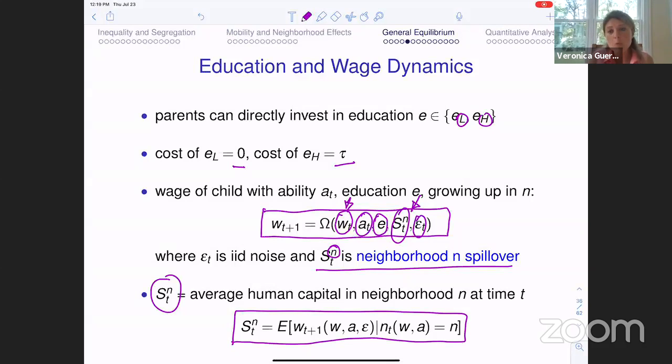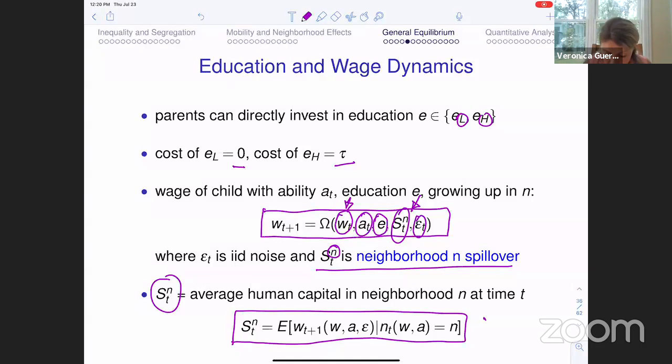Okay, so what does it mean? You can interpret that as an average human capital accumulation in the neighborhood that has a spillover on the individual human capital accumulation. But it is even broader than that, and you can, if you want, embed also the quality of the school or the network structure and so forth, because what is important is that the future wage of the kids depends on two things, endogenously, we will see.